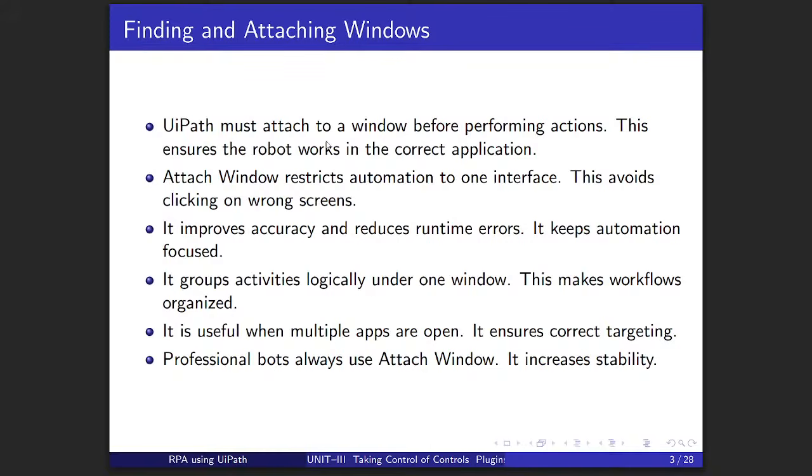But when I just say randomly, please type this data, it will create a mystery of confusion in your mind: where to type the data, how to type the data, all those things. In the same way, as an instructor, if I tell you to type in WhatsApp, the UiPath attach window helps the robot know in which window to do the work. That is how attach window helps.